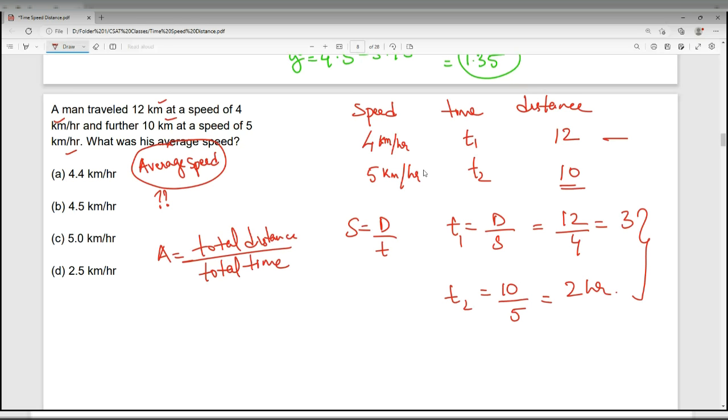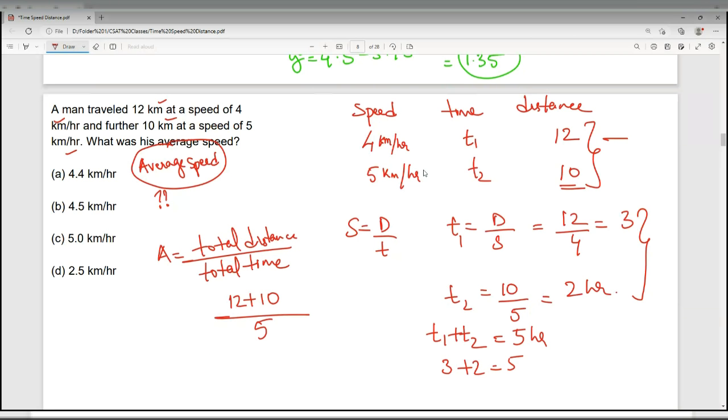Now we need to calculate the average. Average is total distance upon total time. The total distance is 12 plus 10, and total time is T1 plus T2, which is 3 plus 2, equal to 5 hours.